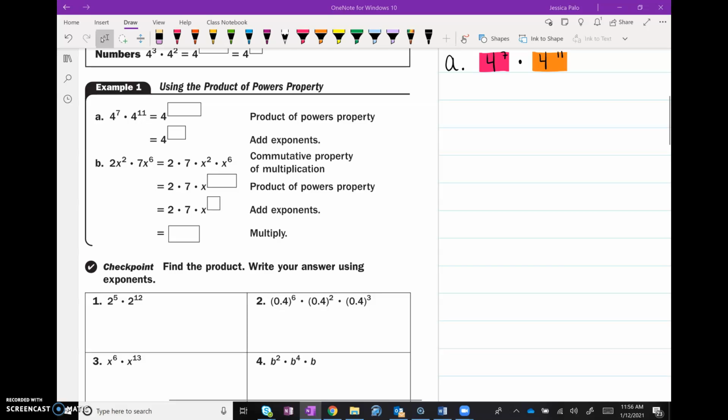So if I wanted to write 4 to the 7th power in expanded form, what would that look like?